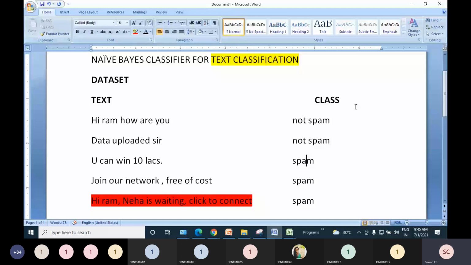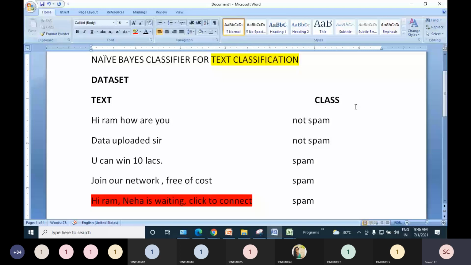So now I want to develop a classifier which will tell, by looking at a new sentence or at the content of an email, whether it is spam or not spam. That is my expected outcome of this Naive Bayes optimal classifier.